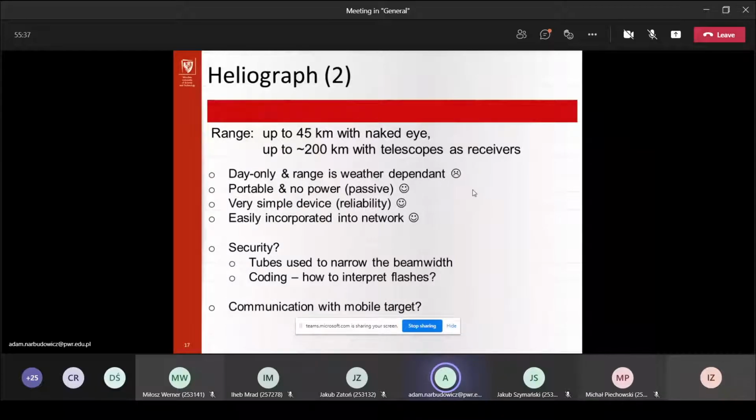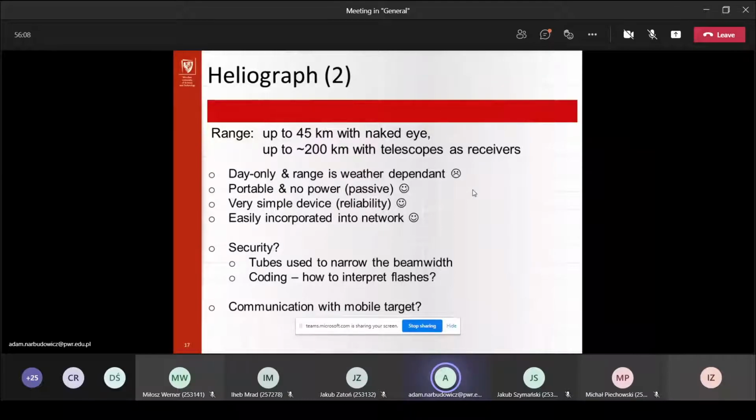Okay, and how do you think it would work if you're communicating with a mobile target? Because this is another aspect. It's different when you have a stationary receiver, and it will work totally different when it's mobile. So what do you think will be important here, or any challenges?